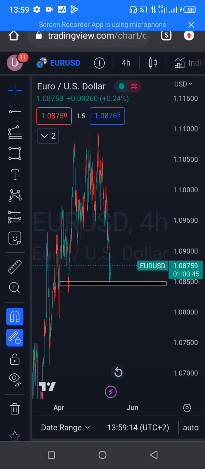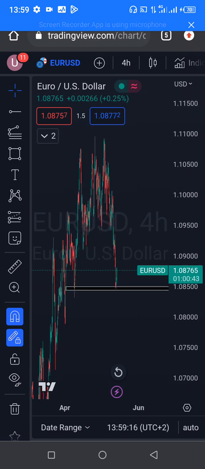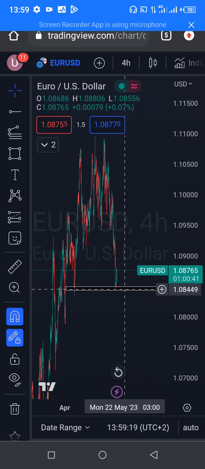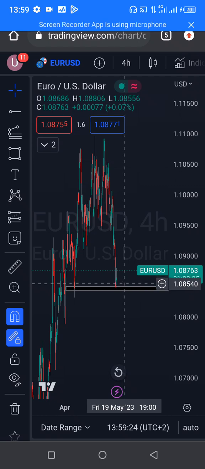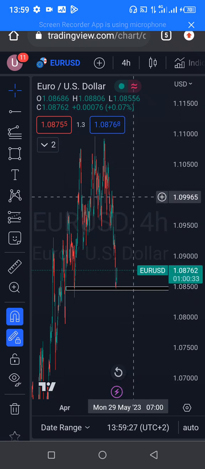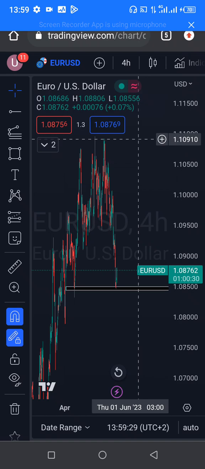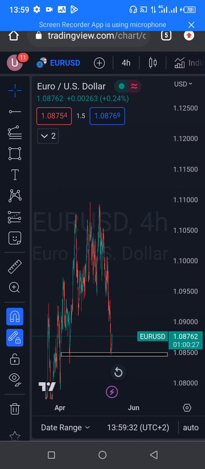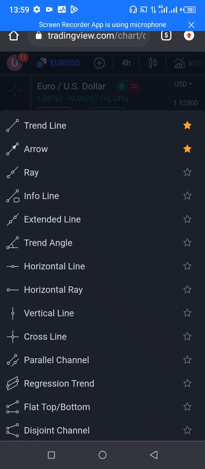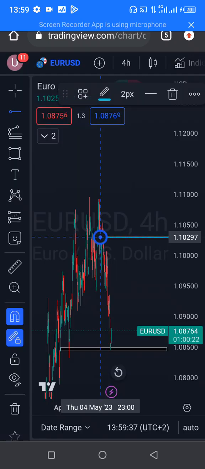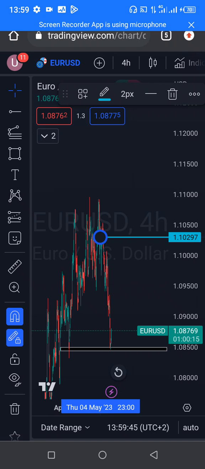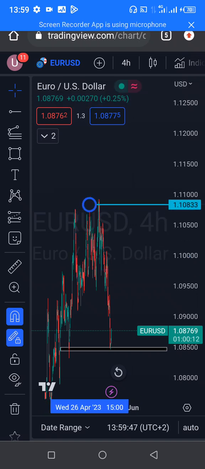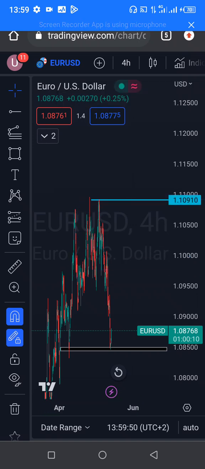So on a 4-hour, this is going to be my support. What I'm going to expect around here, this price here, is a double bottom to go to the upside. Since I'm a swing trader, I'm going to look for my TP around these levels here.